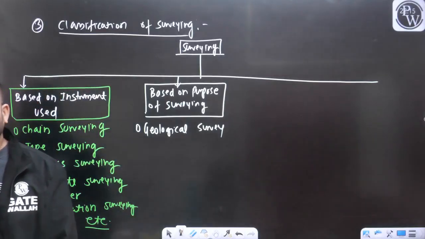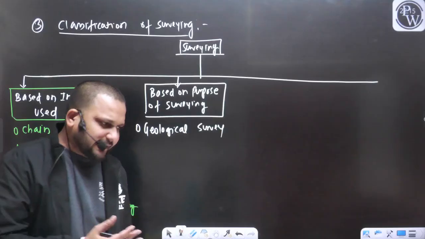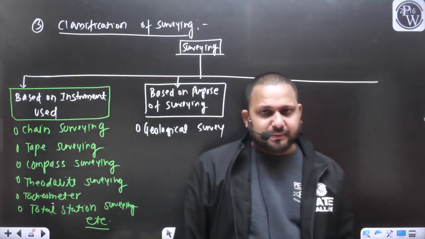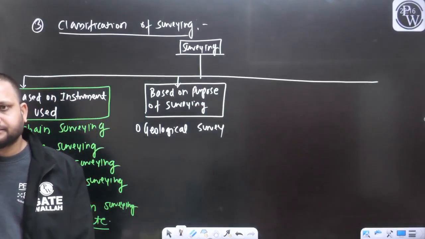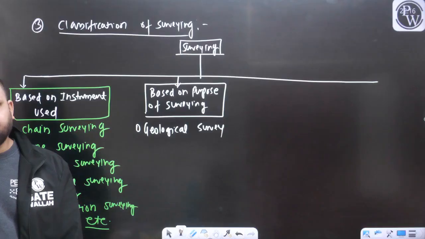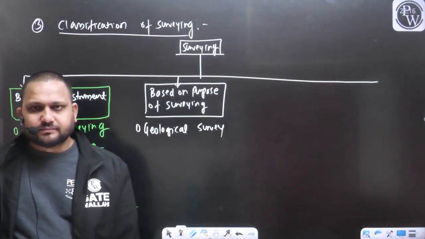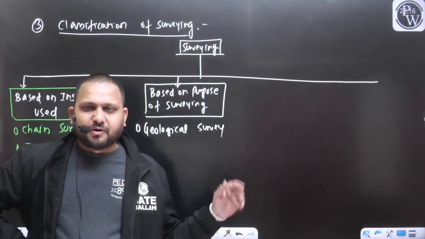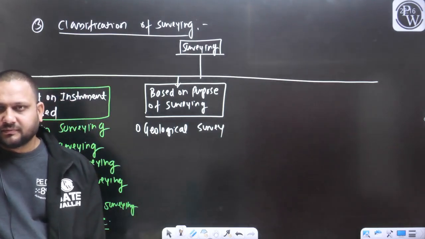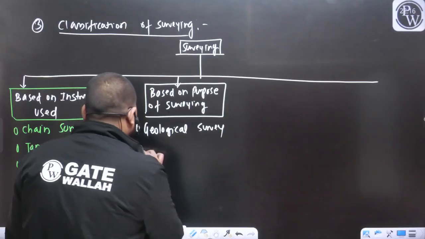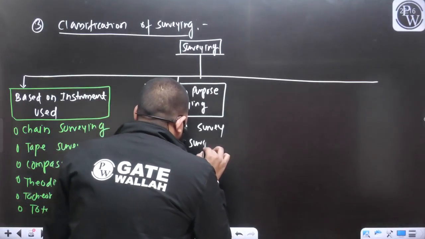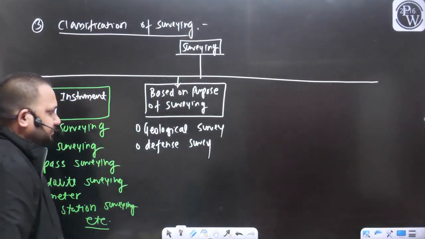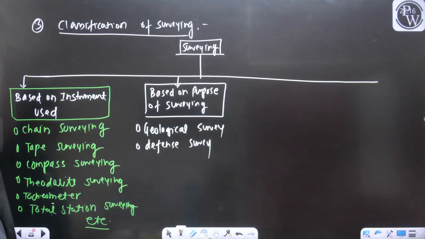If we want to collect the information about those minerals, metals, which type of data collection is required? Obviously, we need to perform the geological survey. Very good. Defense survey. For the defense services, we require the defense survey.